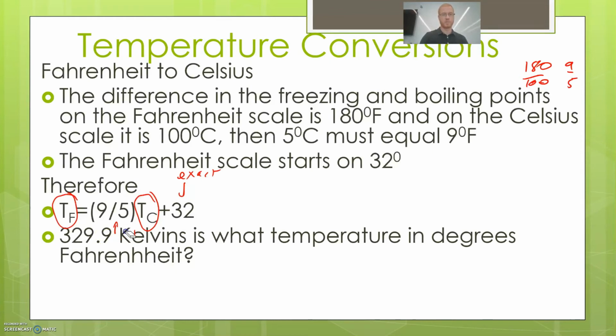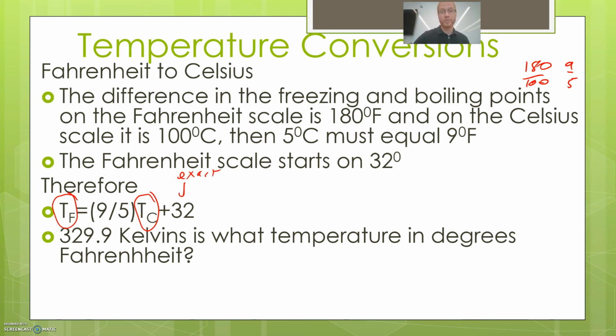So 329.9 kelvins is what temperature in degrees Fahrenheit? Now, I didn't give you a conversion from Kelvin to Fahrenheit, all right? But I did give you a conversion from Kelvin to Celsius and then Celsius to Fahrenheit, didn't I? Yes, I did.